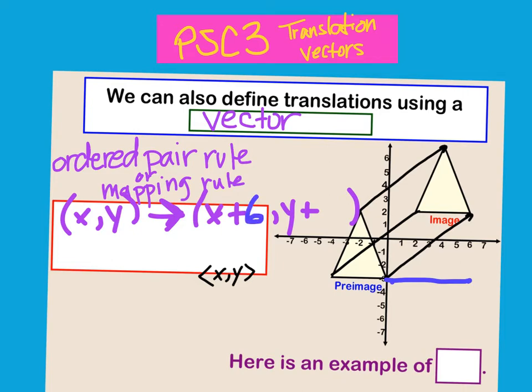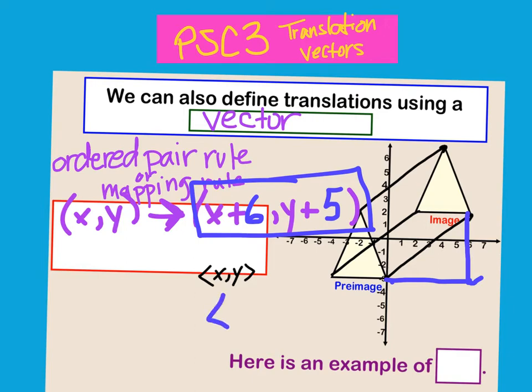And the y value goes from -3 up to 2, so that's 5 in the positive direction. So if this is my ordered pair rule, or my mapping rule, my vector is 6, 5.